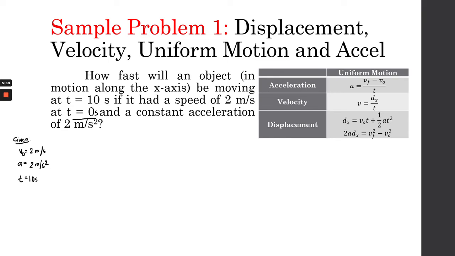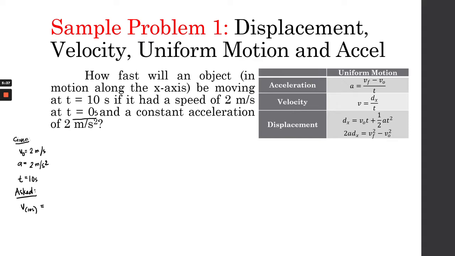But what is this 10 seconds? This 10 seconds is related to the question being asked. What it's asking is, what would be its velocity at 10 seconds? I hope you can see what is happening.